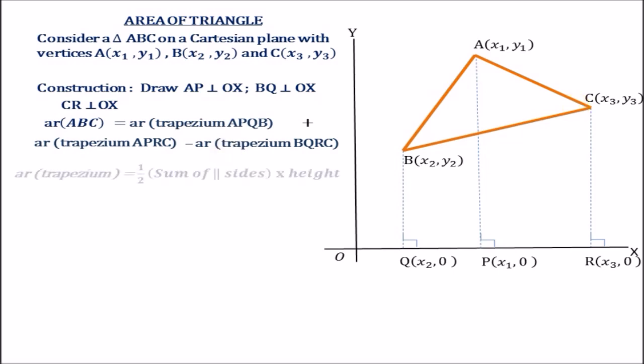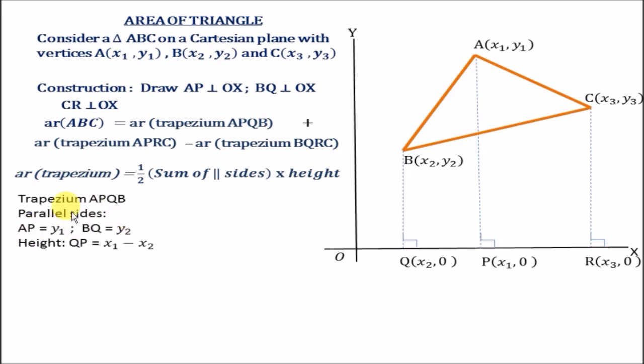Since we know that the area of a trapezium is equal to half into the sum of parallel sides into height, and we have got 3 trapeziums here, let's figure out the parallel sides and height of each trapezium. First, for trapezium APQB, the parallel sides are AP and BQ.